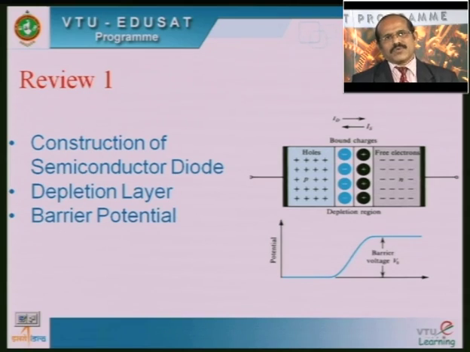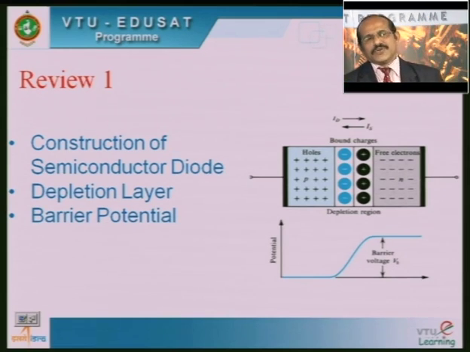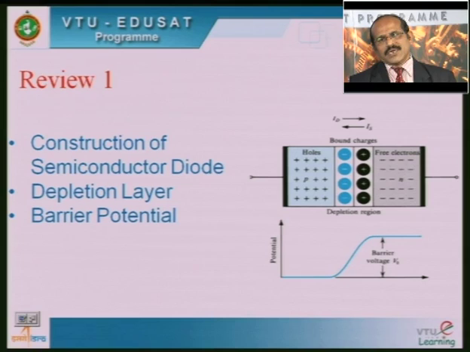When the holes from the P layer come onto the N layer, they neutralize some of the electrons. Similarly, electrons, when they move from N to P, neutralize holes in the P region.